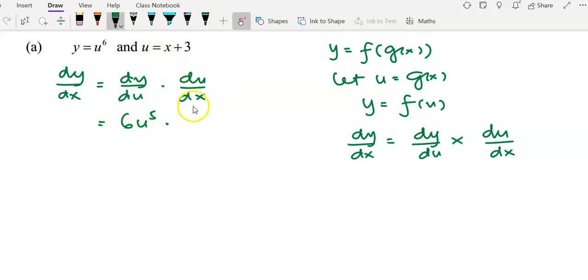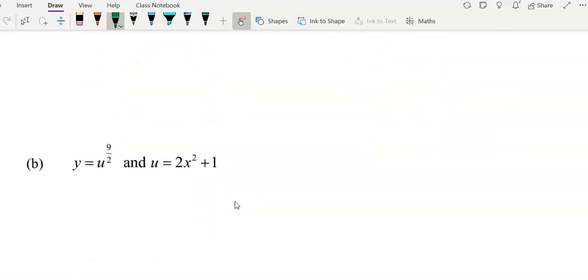And differentiating u with respect to x, du dx will be 1. So we have 6u to the power of 5. For the final answer, we have to stay in terms of x. Substitute back u as x plus 3, to the power of 5. Okay, so this is the answer. This is dy dx.